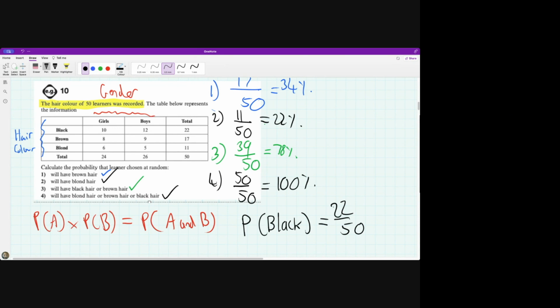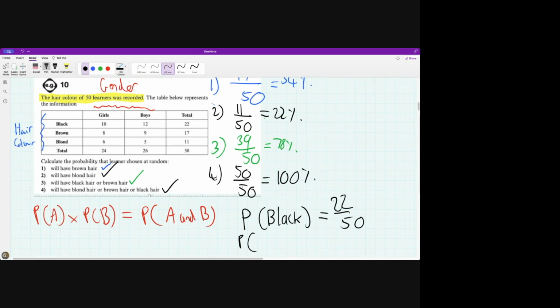Now, if I look at this equation, I have two different things, but they actually have to come from the two different events on the side and the top of the table. So I'm not going to ask about hair color here. I'm going to say, what is the probability in this data set that a randomly chosen person is a girl?